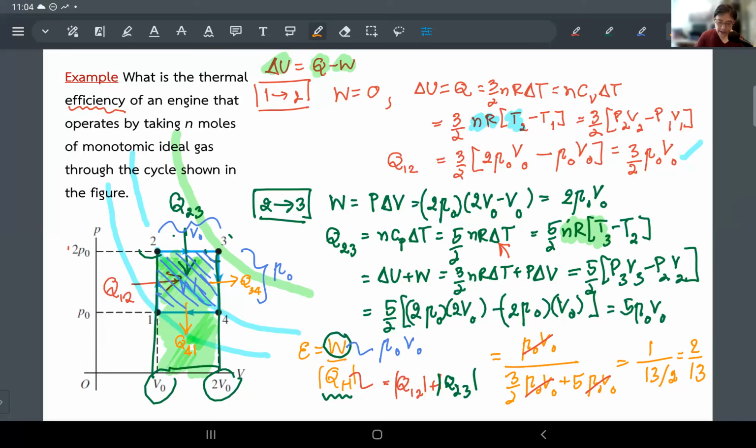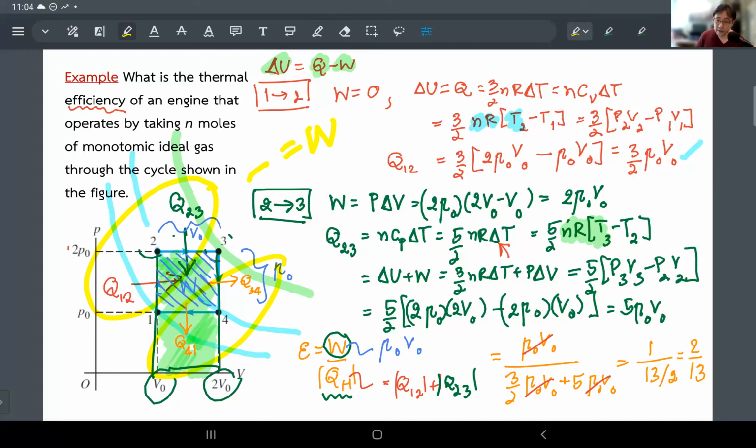You will see that the sum of these two, subtracted by the sum of these two, will be equal to W. You guys with me? Because the heat in subtract the heat flowing out, from the conservation of energy, must be the work done by the engine. That's the whole point.